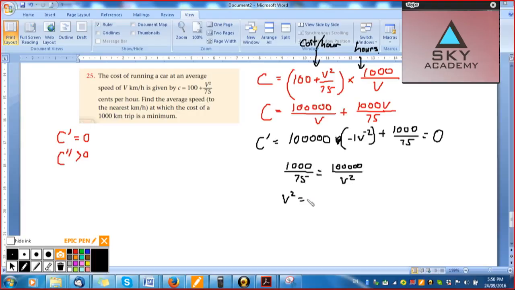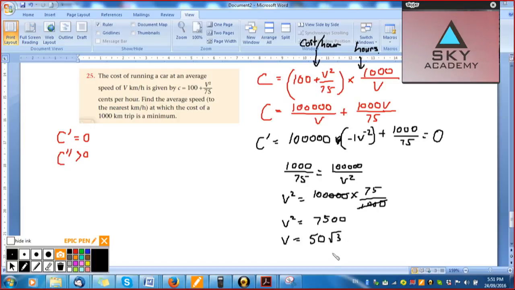v squared equals... does that make sense? So we're solving for v squared. That cancels with that, leaving us with 7,500 for v squared. v has to be equal to the square root of that, which is 50 root 3.